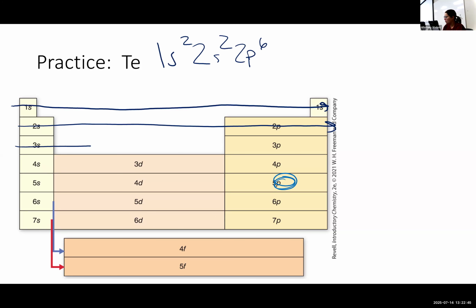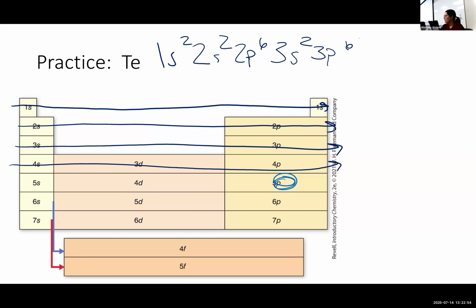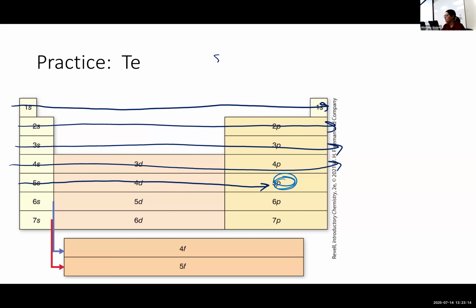Okay, and then the next row, 3s2, 3p6. And then the next row, 4s2, 3d10, 4p6. All right, now we're in the right row. 5s2. I'm going to make this smaller, sorry. Y'all keep going.